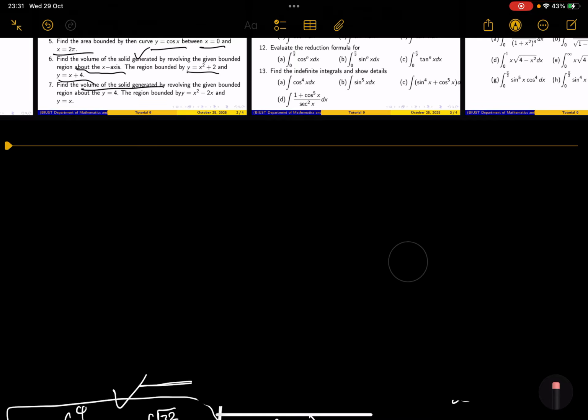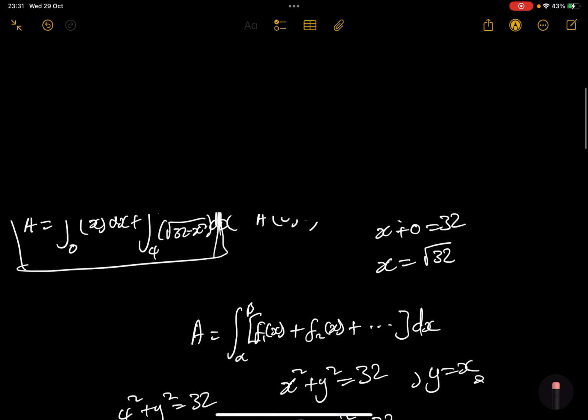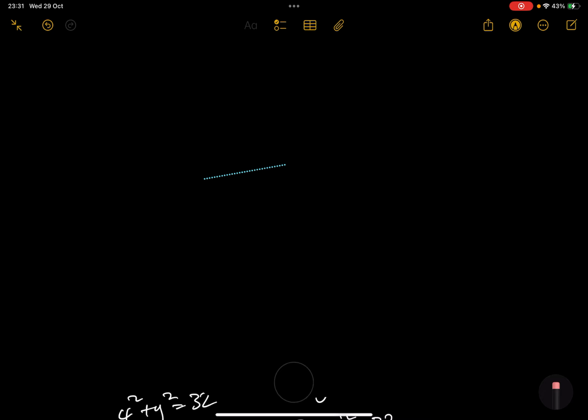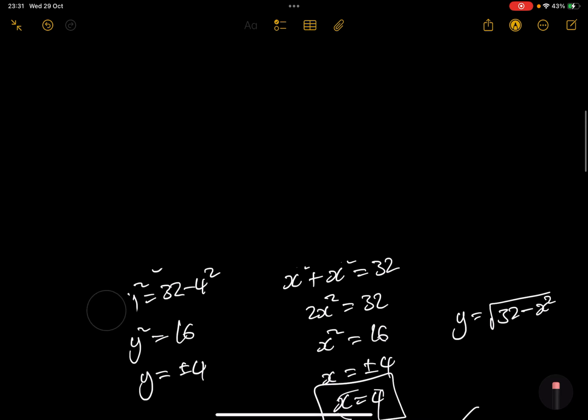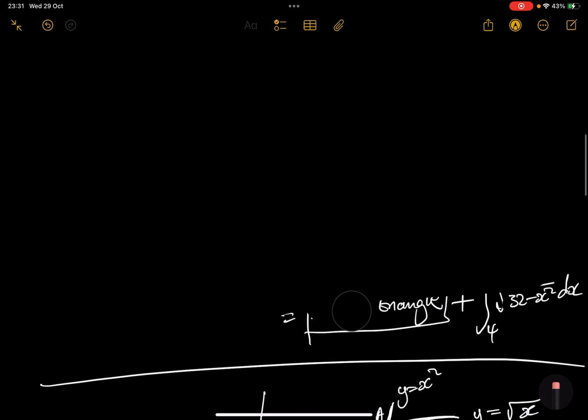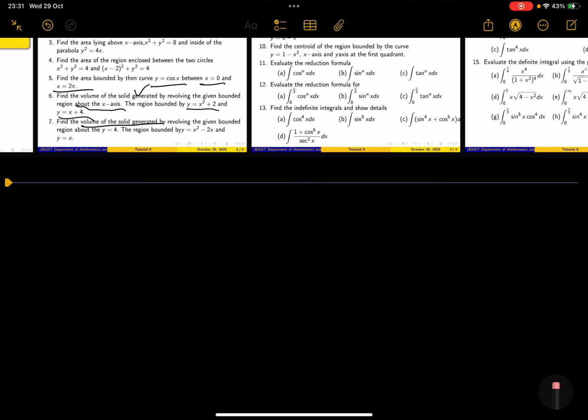Okay, so we are trying to find the volume of revolution. So you need to remember the two formulas that we use when you're trying to find the volume of revolution.